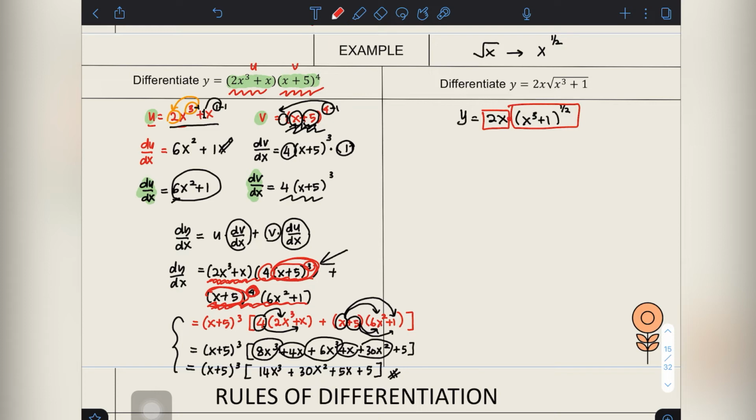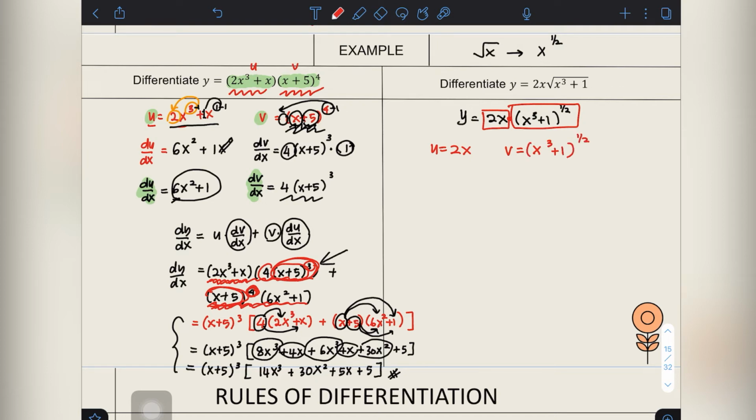Therefore, for us to find the derivative of y, we need to use product rule. To use product rule, the first step is to separate both equations and denote them as u and v. So which one is your u, which one is your v? Let's take the first one as u, so your u is equal to 2x, and the second one as v, so your v is equal to (x^3 + 1)^(1/2).